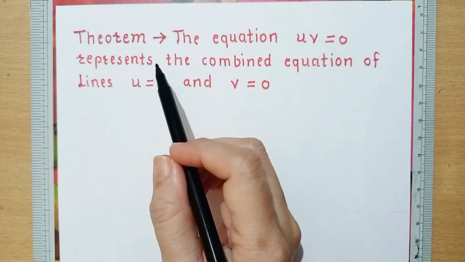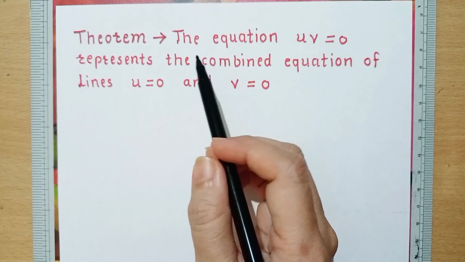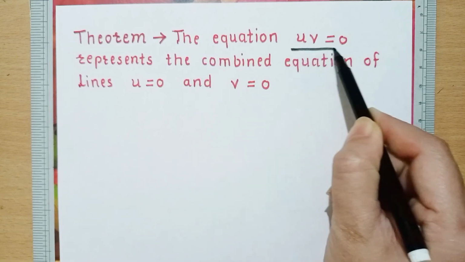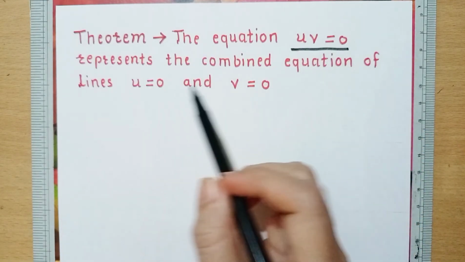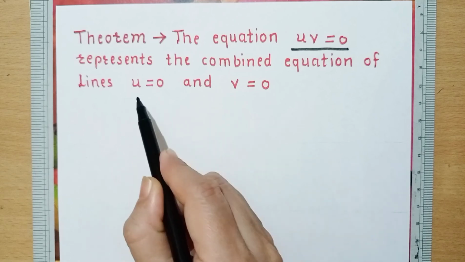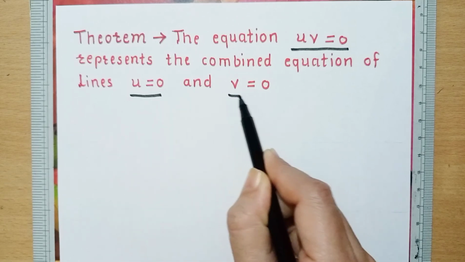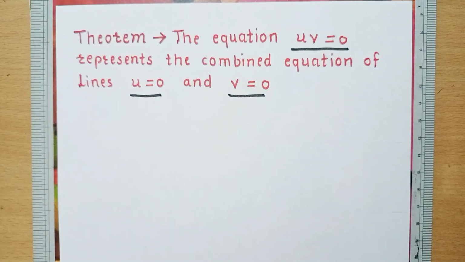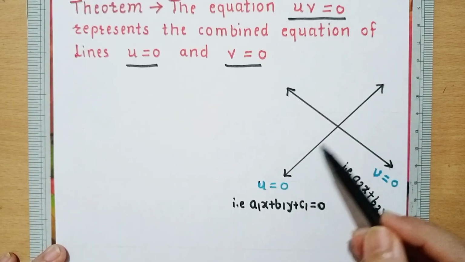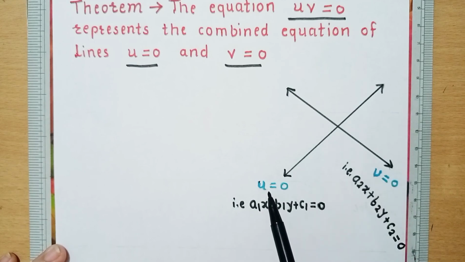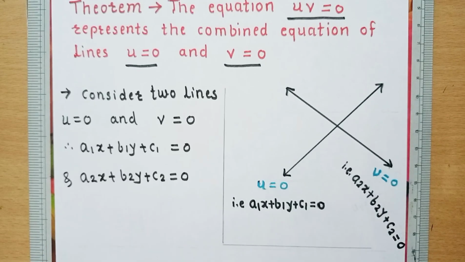This is our first theorem. Here we have to prove that the equation u dot v equal to 0 represents the combined equation of lines u equal to 0 and v equal to 0. Consider these two lines. The first line is u equal to 0, meaning a1x plus b1y plus c1 equal to 0, and the second line is v equal to 0, meaning a2x plus b2y plus c2 equal to 0.